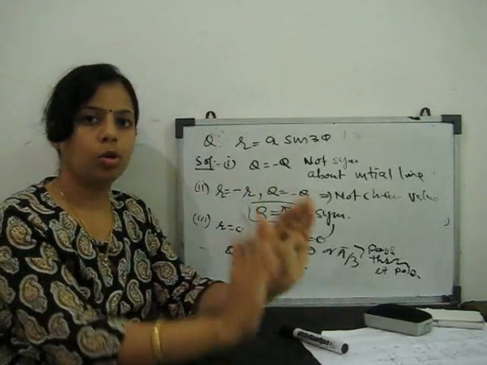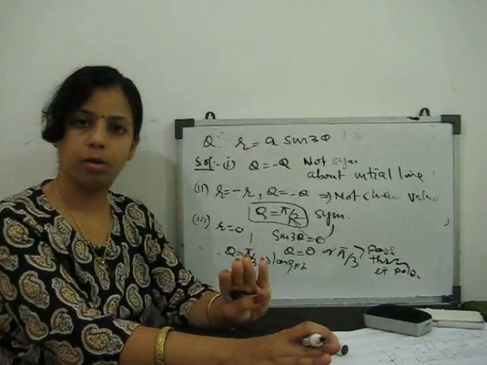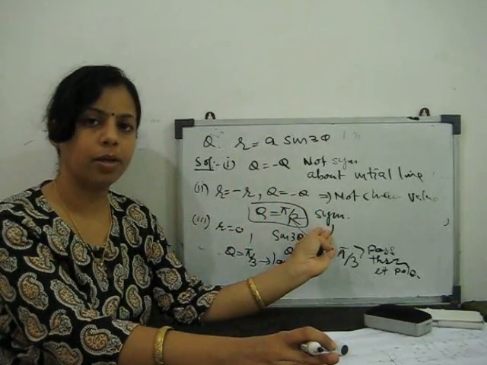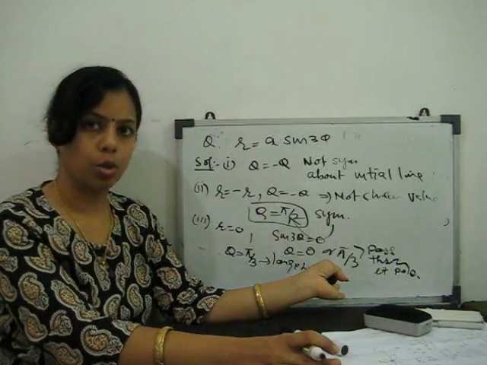Next, we conclude that it is not symmetric about the initial line, it is symmetric about the pi by 2 line, and it passes through its pole.